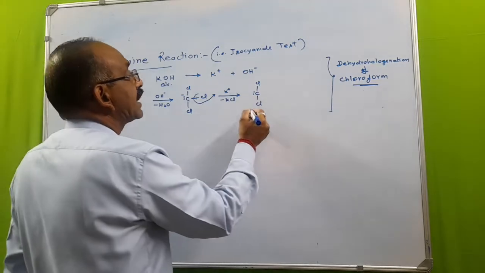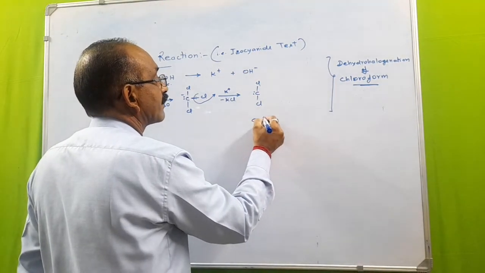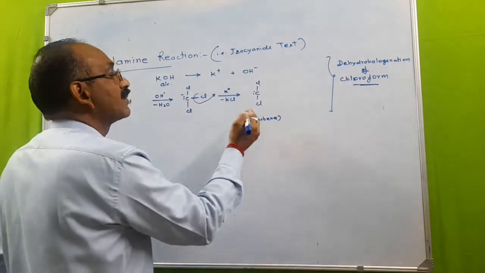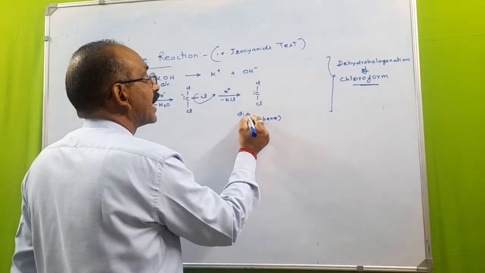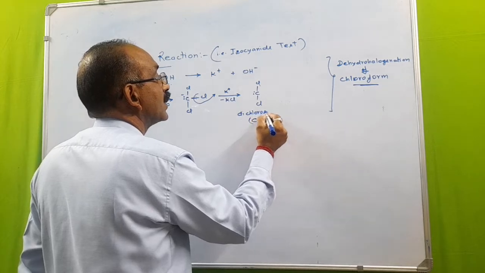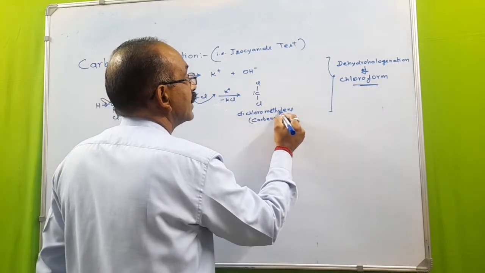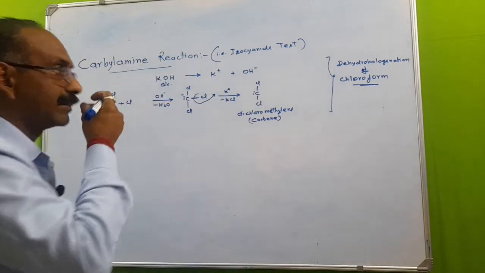Means we will get a carbene as intermediate. The name of this carbene is dichloromethylene.